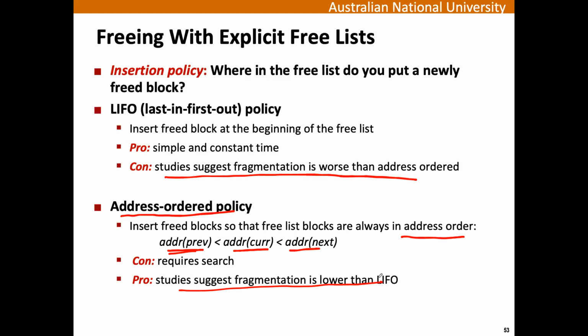If in virtual memory things are next to each other, then the expectation is that in physical memory they will also be next to each other, because the page size is typically 4 kilobytes or so. The address ordered policy, we are not going to look into in detail, but it tries to exploit locality by keeping things in a specific order with respect to addresses.